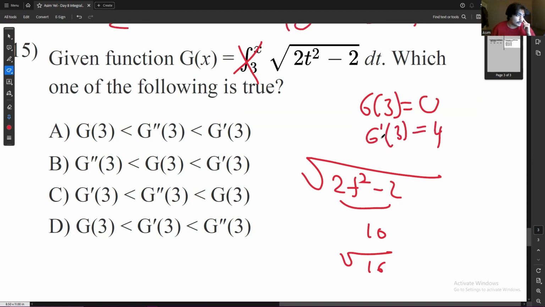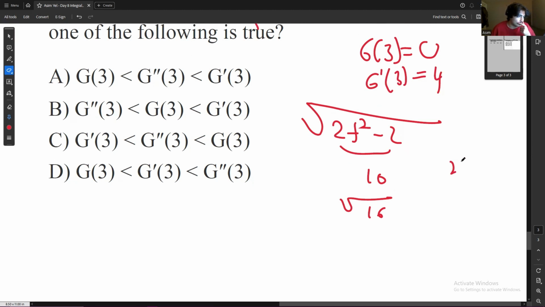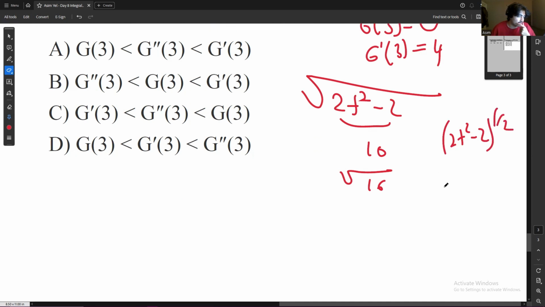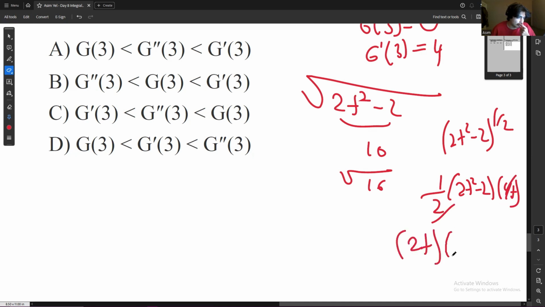And if I take the double prime of this, I'm going to get 2t squared minus 2 to the power of 1/2, and just apply your chain rule. The derivative of the inside, 2t squared minus 2, is 4t, and I will get 2t times 2t squared minus 2 to the power of negative 1/2.